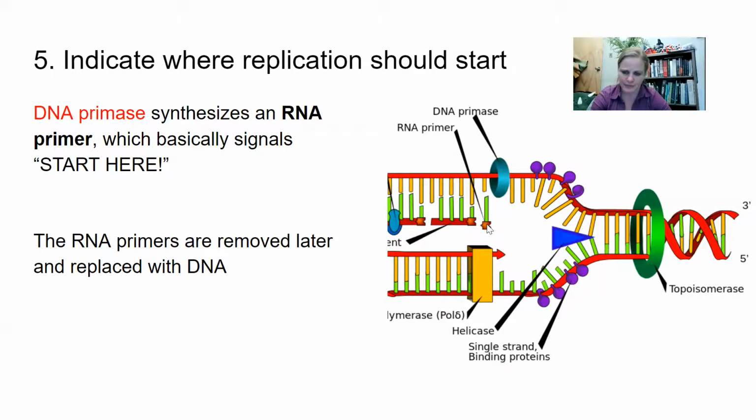The primase links the RNA primer onto the template DNA. The RNA primers are later removed. Sometimes in prokaryotes they're replaced with DNA, but in eukaryotes, we'll talk about why aging happens, because those things can't actually be replicated in eukaryotes.